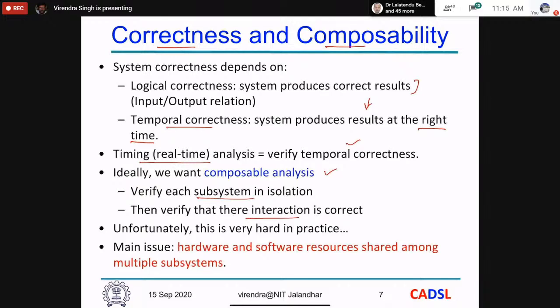But if they have some components which are shared, then you cannot argue that even when they are interacting, they will work correctly.